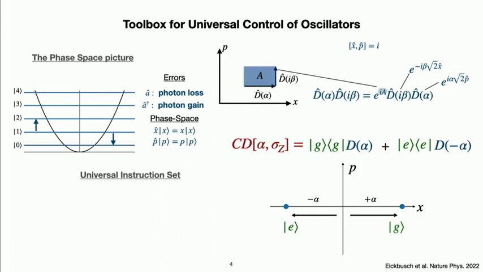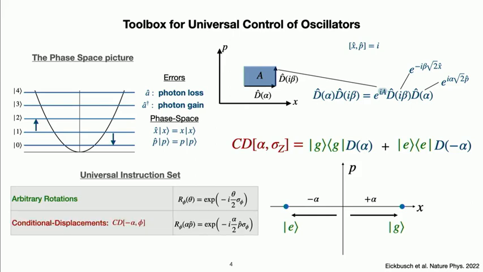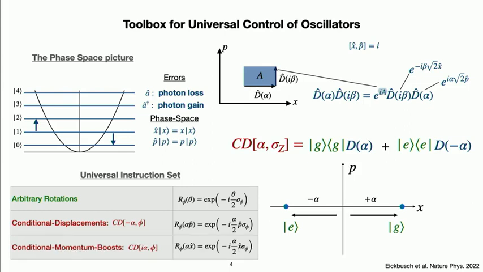So my instruction set contains arbitrary single qubit rotations for the two-level system, conditional displacements, which can also be seen as a momentum-dependent rotation of the qubit, then conditional momentum boosts, which can be seen as a position-dependent rotation of the qubit. I'm going to be using this position-dependent rotation and momentum-dependent rotation jargon a lot throughout this talk, instead of calling them conditional displacements and conditional momentum boosts.